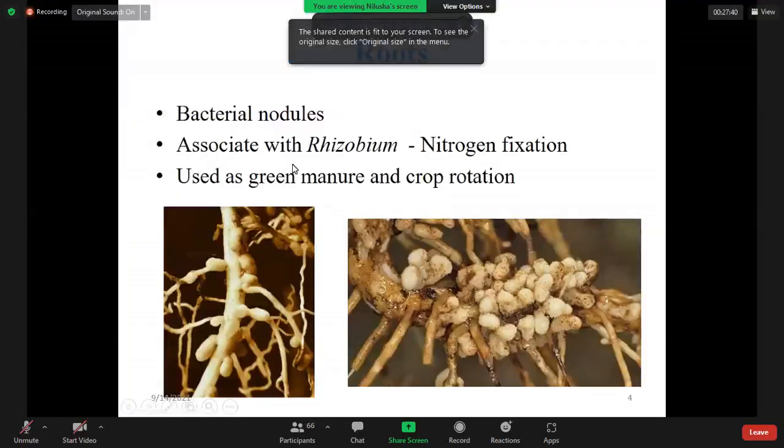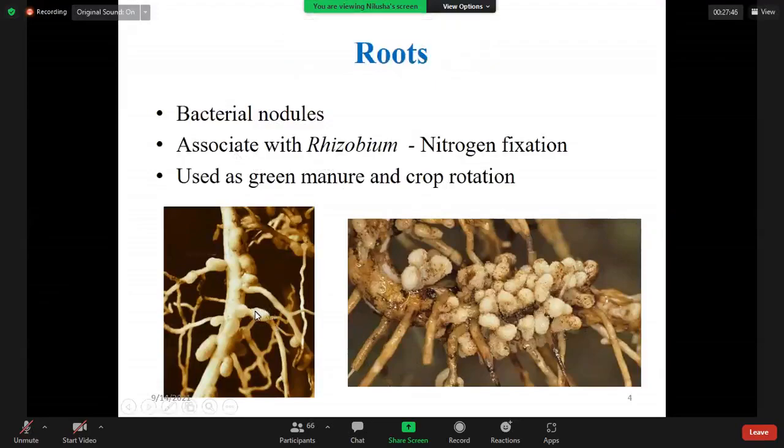In this nodule part there is an association with the rhizobium bacteria. This bacteria helps in the fixation of nitrogen, because nitrogen is a gas contained in the atmosphere.